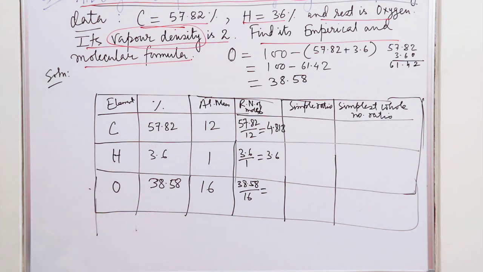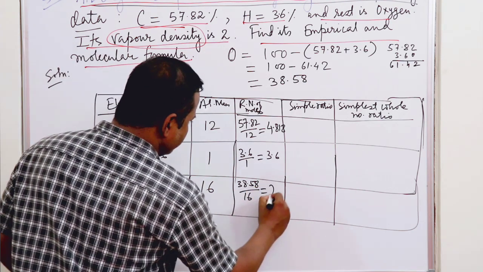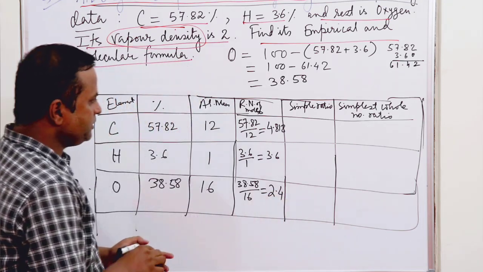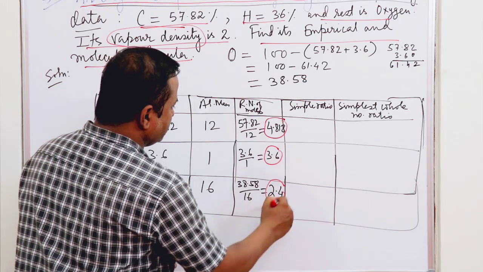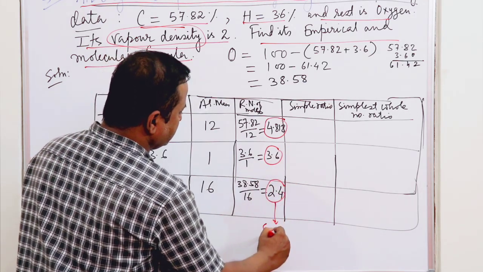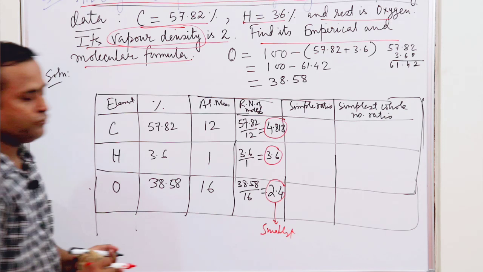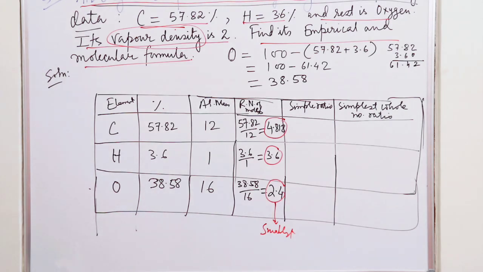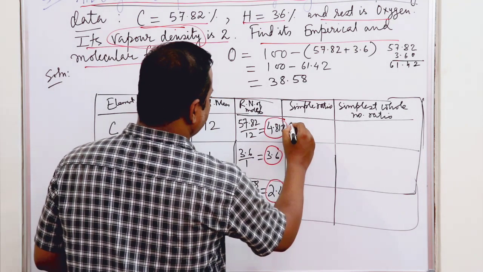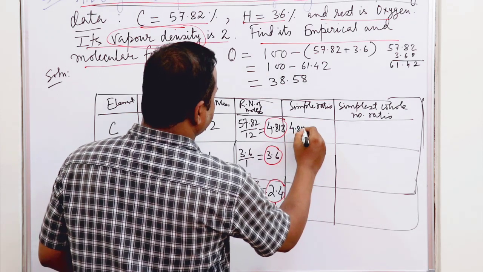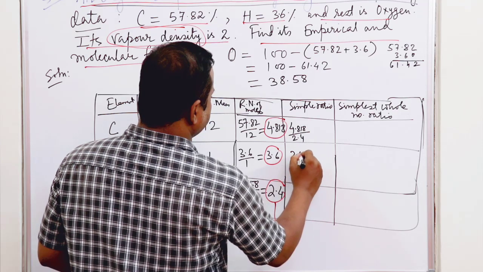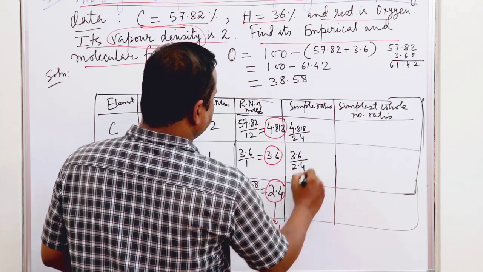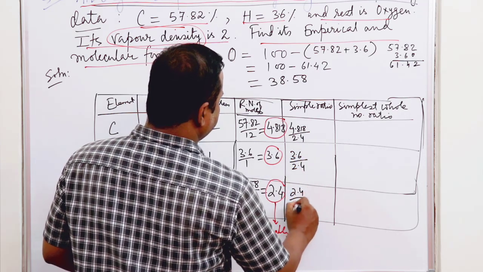Now out of these three, this is the smallest, so we have to divide all three numbers by this small number: 4.818 divided by 2.4, 3.6 divided by 2.4, and 2.4 divided by 2.4.